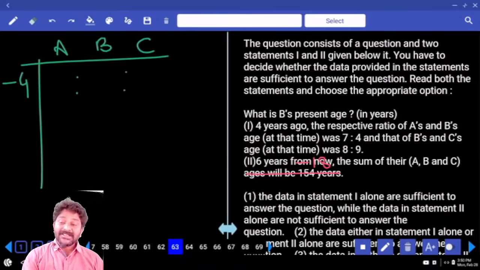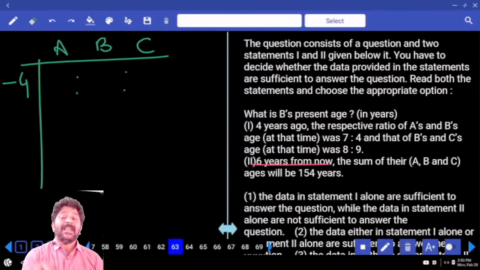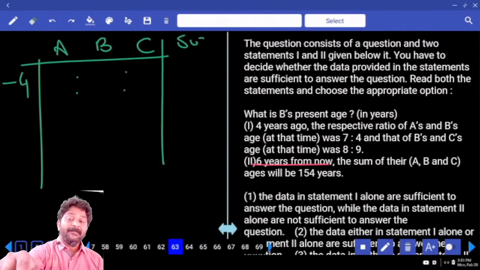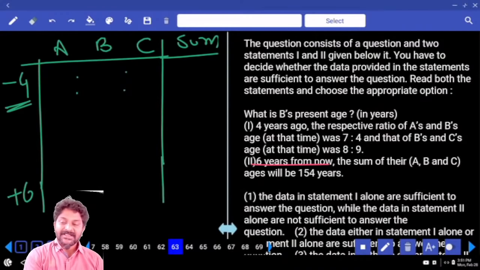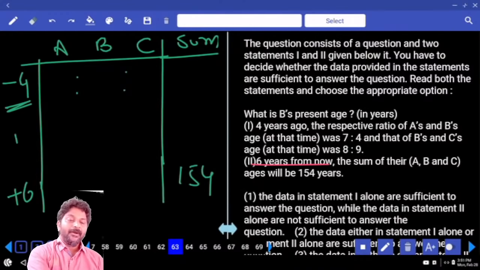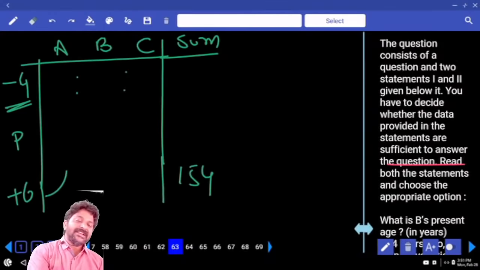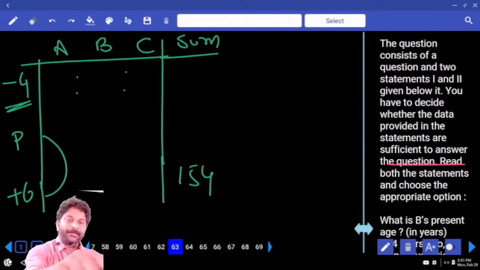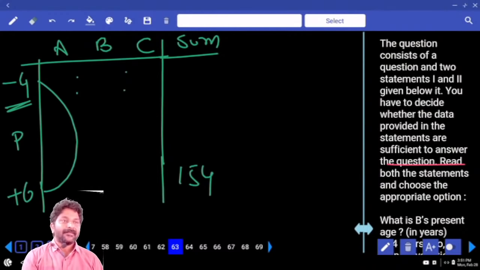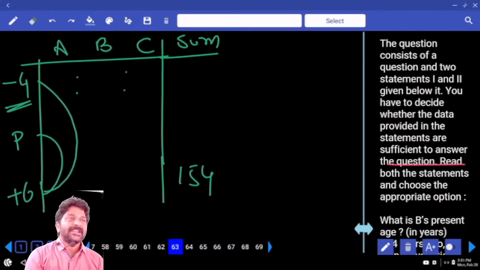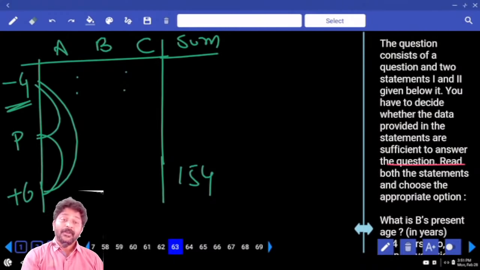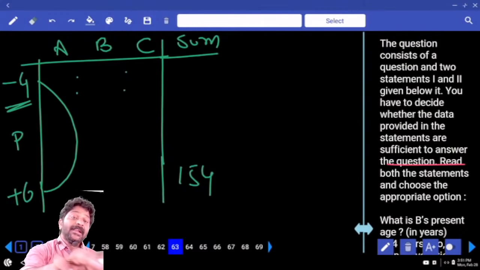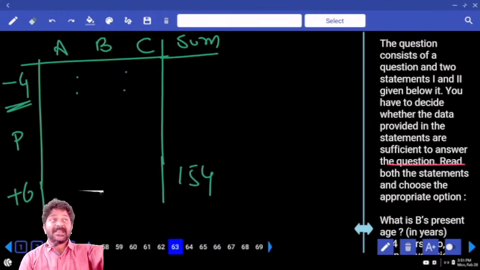Likewise, using second information, can we calculate what is going to be sum of their ages 4 years back? After 6 years, it is given that 154. To get present age, you said we have to subtract 6 years for each member. If it is 4 years back, after 6 years to present, how many years? 6 years. Present age to 4 years back, that means altogether 10 years we have to subtract. Like that, how many members are there? 3 members.